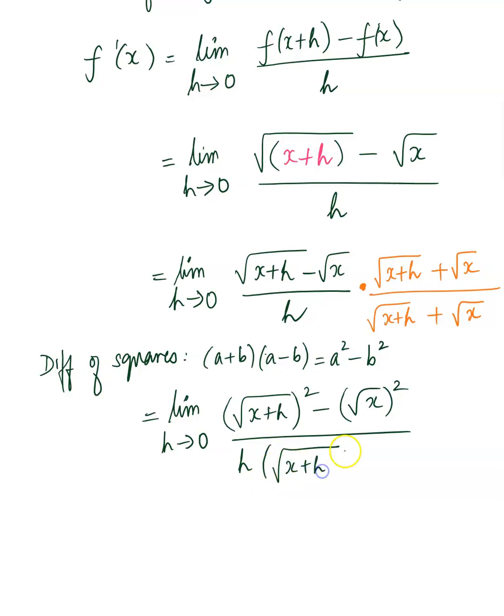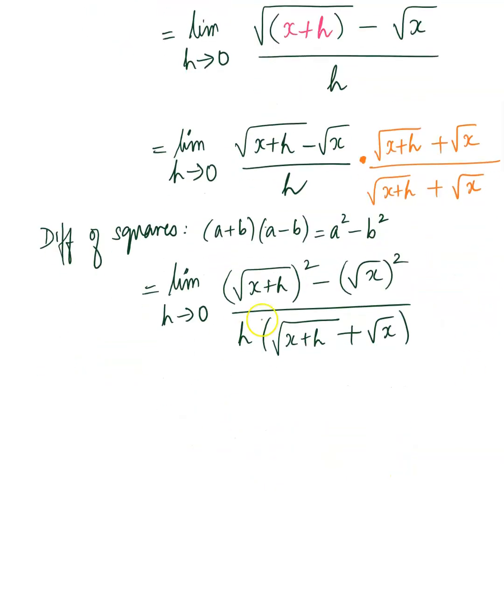The denominator is going to look a little complex, but we know it's all going to go away once the h cancels off and we substitute 0 for h. So bear with that large expression until you're ready to simplify it. The square root and the square will undo each other, and so we have this.